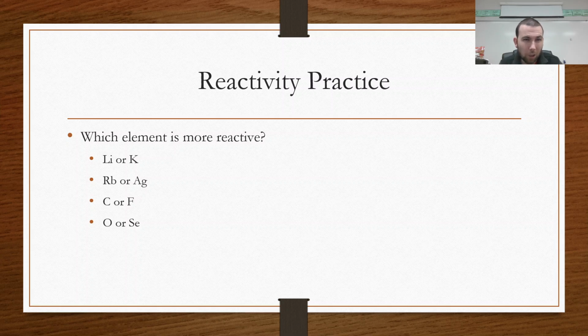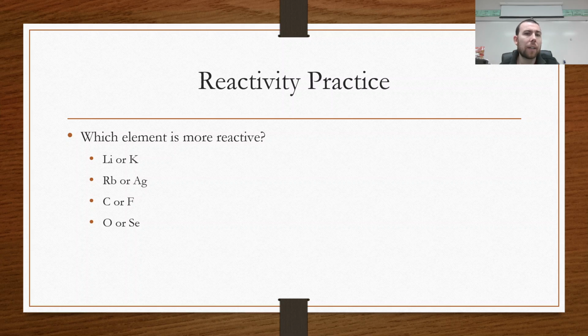All right, hopefully you paused the video, hopefully you've come up with your answers. It asks us which element is more reactive. Now, in order to do this, we need to first identify, is our element a metal or a non-metal? Because we're going to need to think of it from that perspective. So we look at lithium and potassium, Li and K, those are both metals.